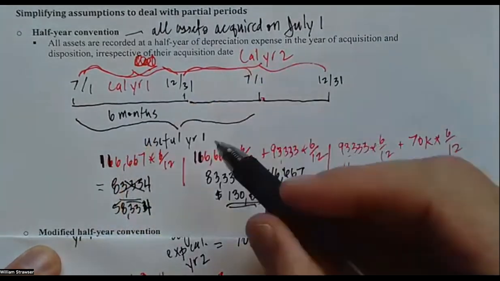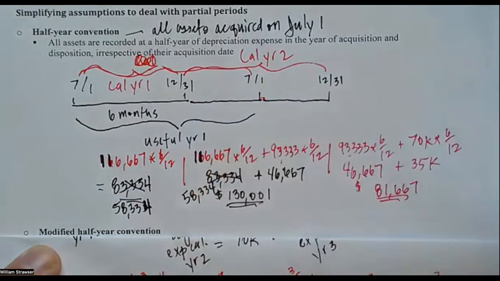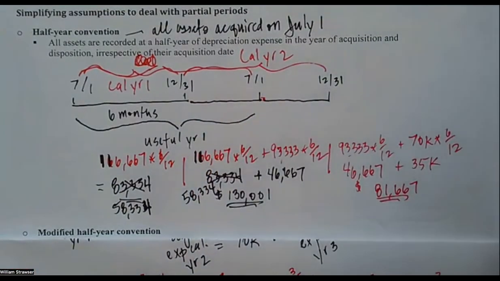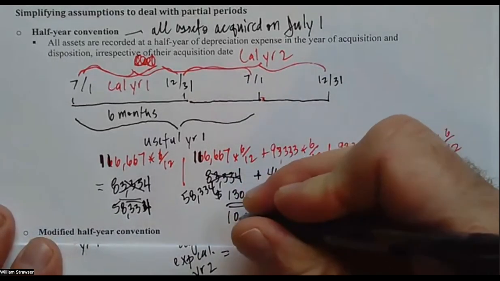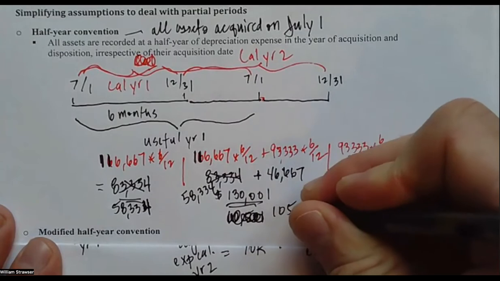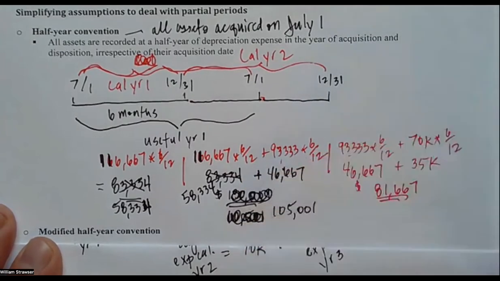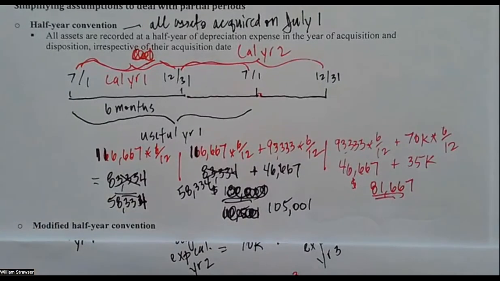And 116 times that is the same, of course, 58,334. And add 46,667. Oops, 105,000. All right. Yep. So that's where it was not 166,667. It should be 116,000. Thank you for bringing that to my attention.